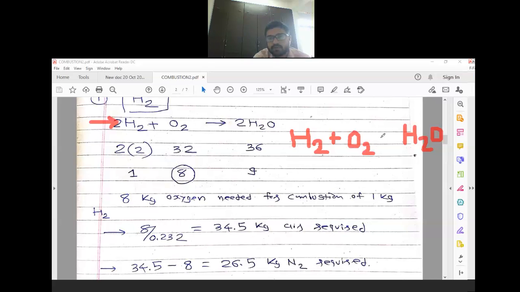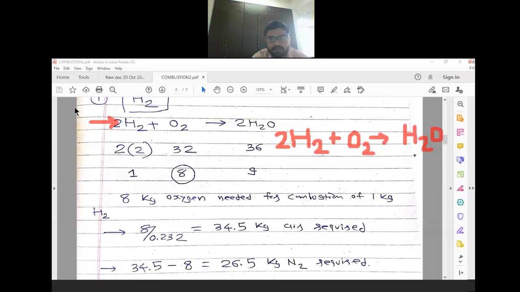So H2 plus O2 gives H2O is not possible, because here we have two hydrogen and only one oxygen. So what you can do is balance the formula. Clear? No need to remember the formula, you just have to balance both sides, and this is how you can prepare the formula.